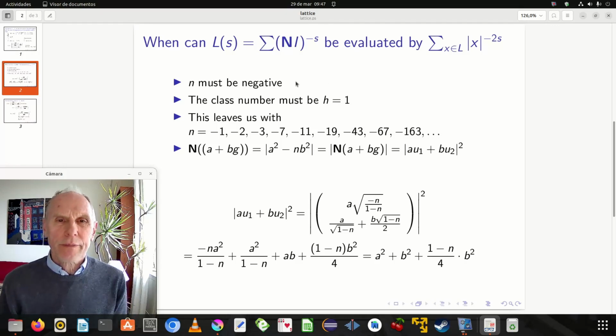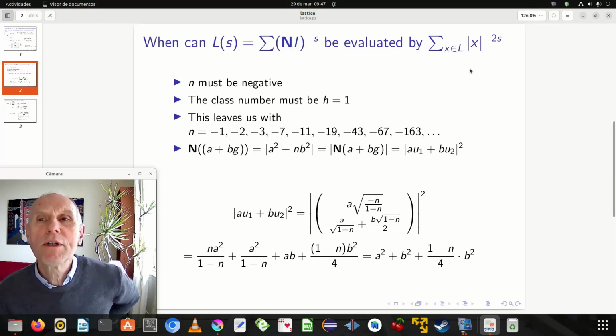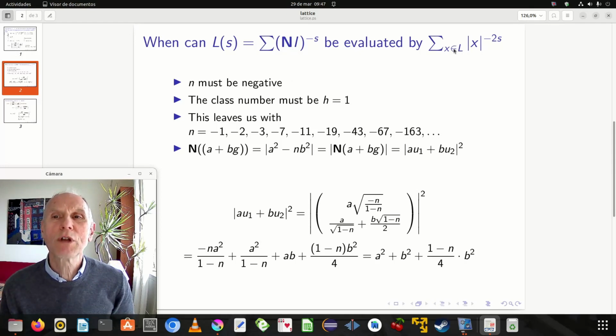And all powers of that unit, they have norm 1. So it's an infinity of points having norm 1. I don't think they form a sublattice, so we could make the quotient. So it doesn't work, I believe, summing over all the points in some lattice if n is positive.